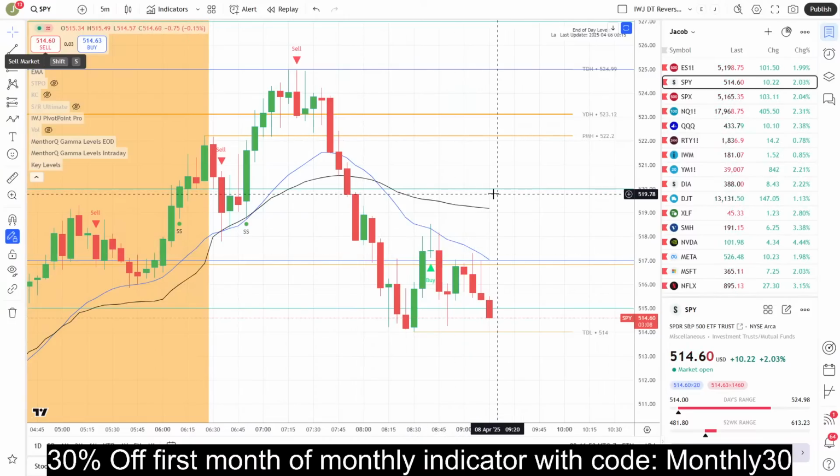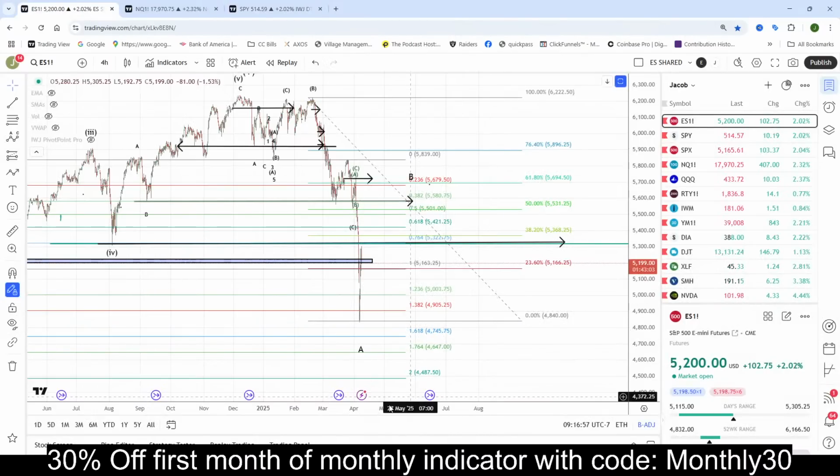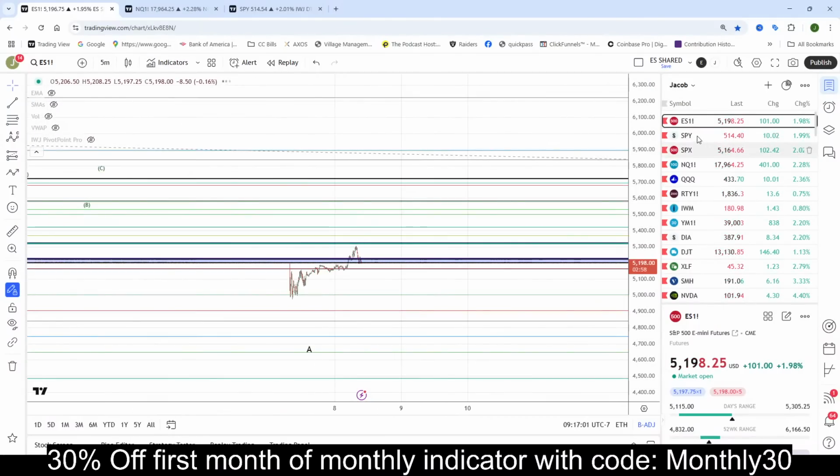Let me switch charts here for a second. I'll go to the 5-minute SPY.